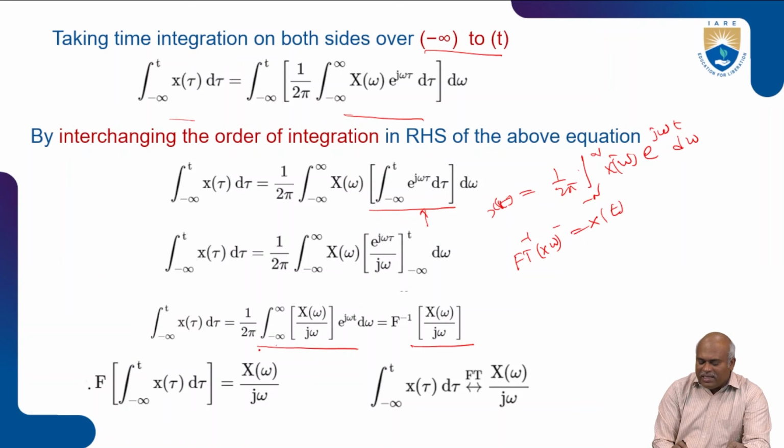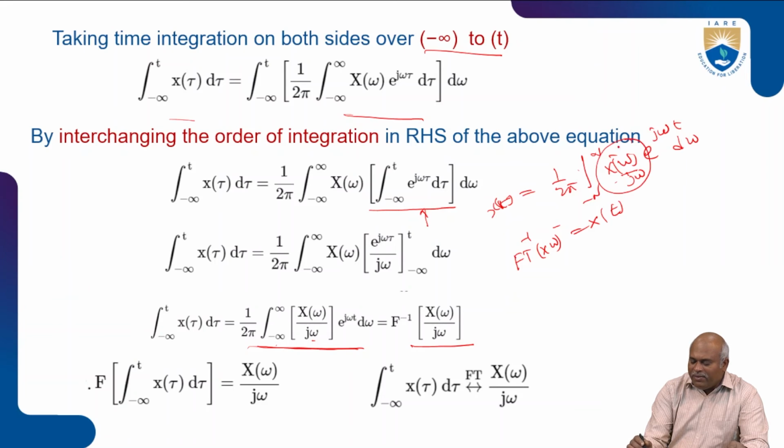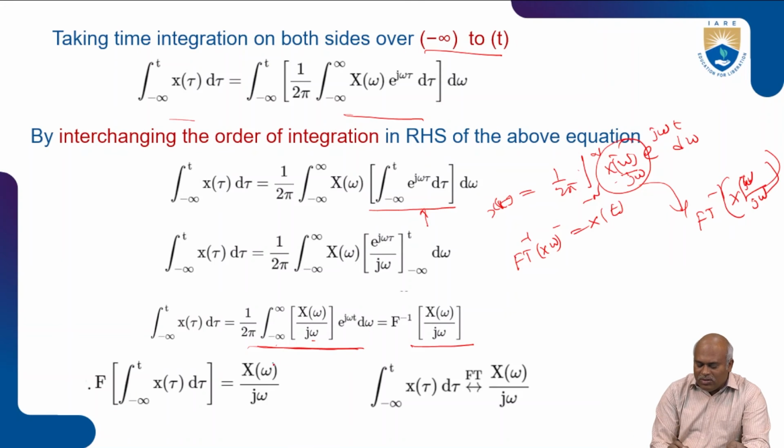Here X is divided by j omega, so this term is represented as the inverse Fourier transform of X of omega divided by j omega.